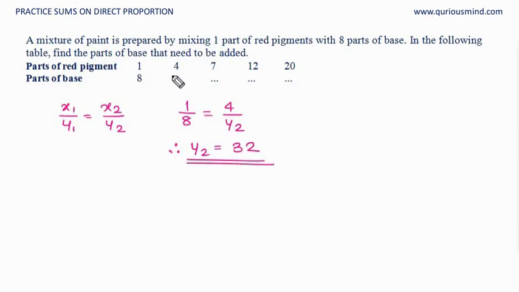So here it is going to be 32. Similarly, 1 upon 8 is equal to 7 upon y3, if I call this y3. And therefore y3 is equal to 8 into 7, 56.